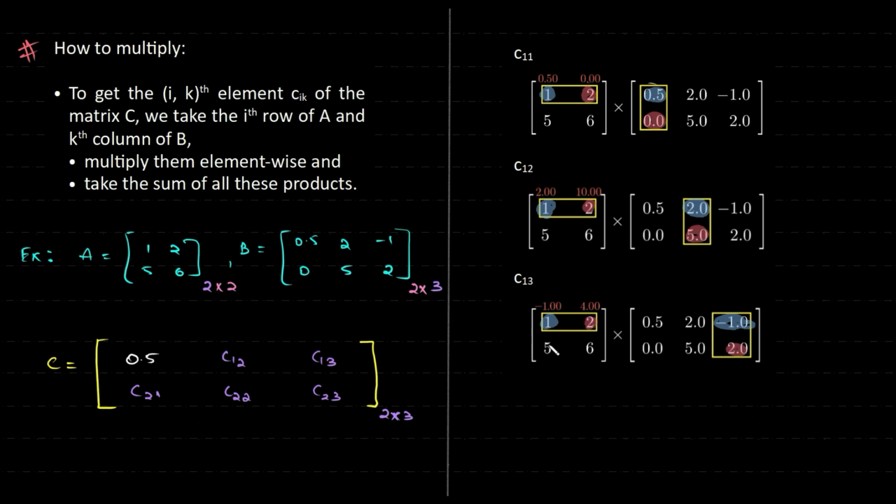Those are the ones which are getting multiplied. Again the same set of operations. We have 1 into 2, 2 into 5, 2 and 10, the total is 12. Then 1 and minus 1, 2 and 2, so minus 1 and 4, answer is 3.